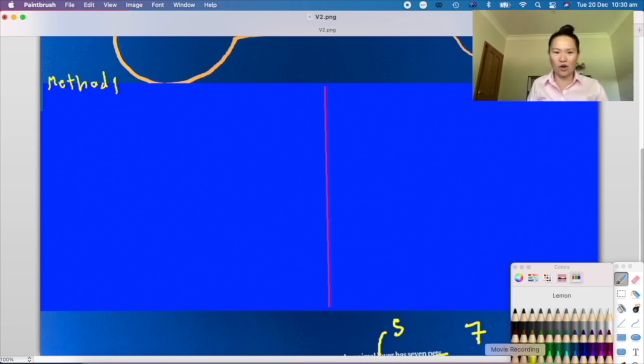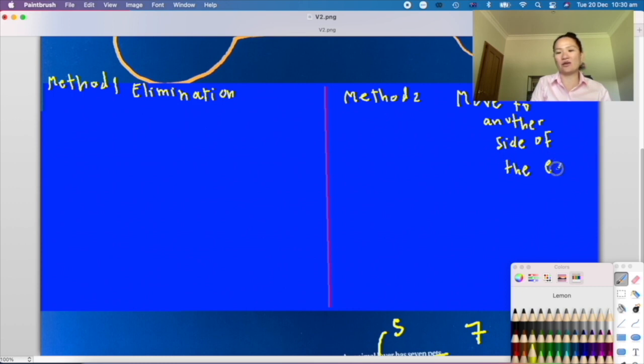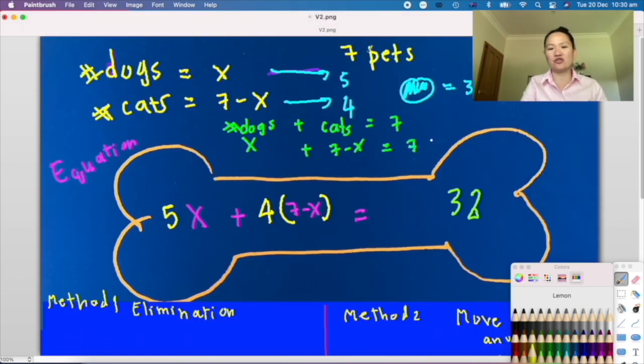Method 1 we call elimination. And method 2 we call moving to the other side of the equation. I'm going to do both, but we're going to do it on the next page.